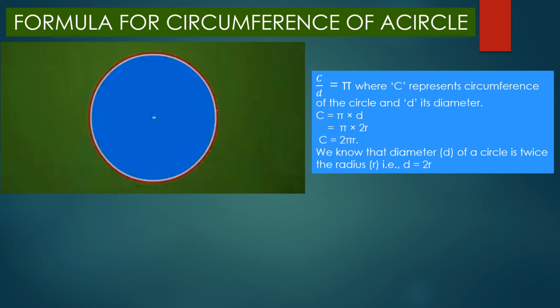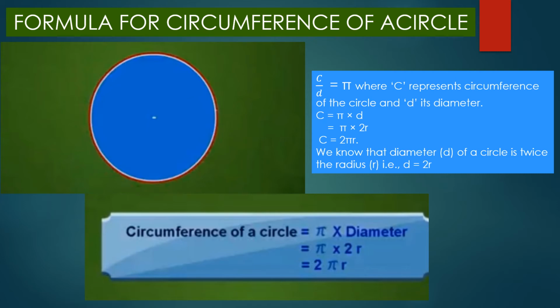Therefore, we got C is equal to pi into 2R, which is equal to 2 pi R. Therefore, the formula for finding out circumference of a circle is 2 into pi into R. For any circle with a radius r, the circumference is equal to 2 pi r, where pi is equal to 22 by 7 or 3.14.